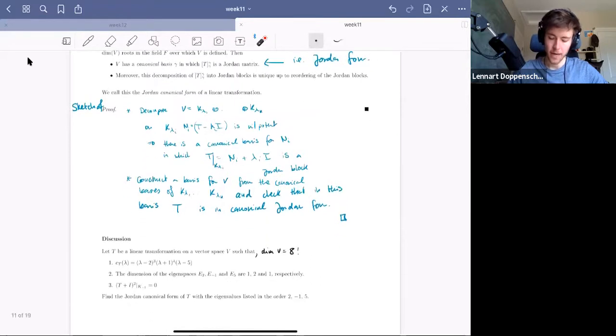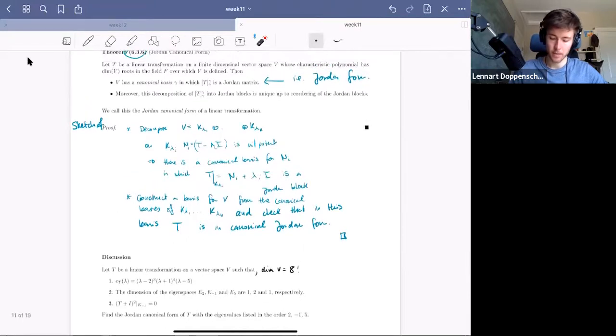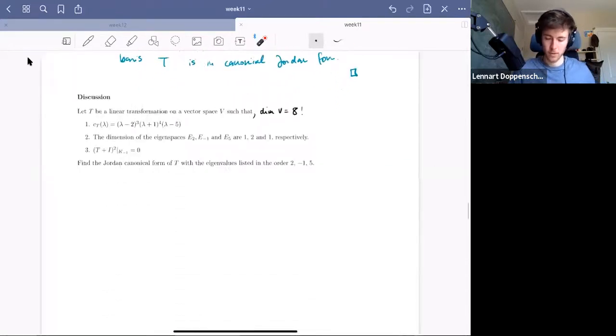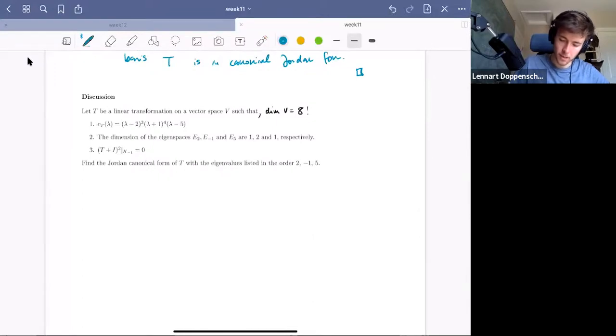When we have this canonical basis, we can build a basis for the whole vector space out of these bases of the generalized eigenspaces, because it is decomposed into a direct sum of these generalized eigenspaces. All right, so let me restart with this discussion.